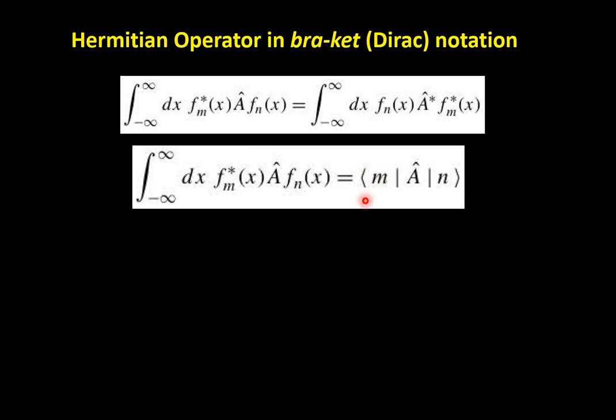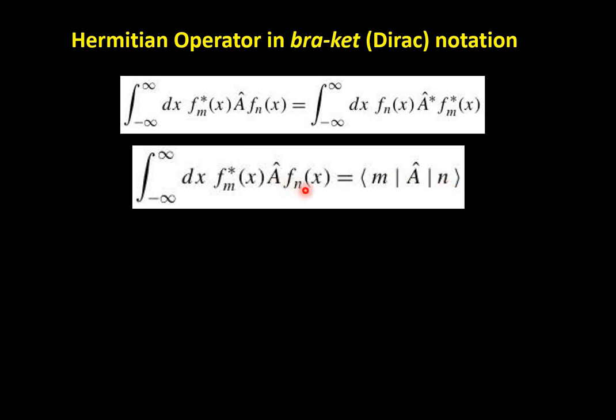Actually, the left hand side part is called bra and this part is ket, and usually the operator is enclosed within two vertical lines. Sometimes the right vertical line we omit, but this is the usual convention. And what does it mean? If it equates with the integrated form, then in the bra m, that means ψm, it is ψm* here, and on the right, in the ket position, A ψn is as such.